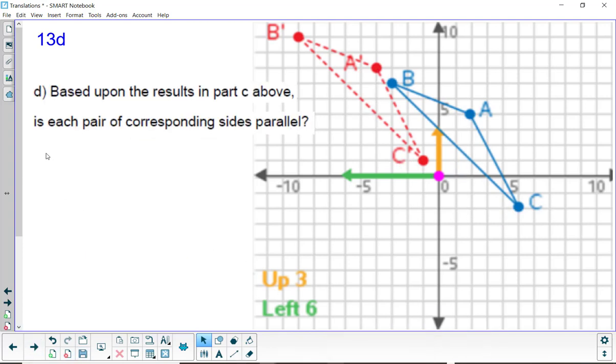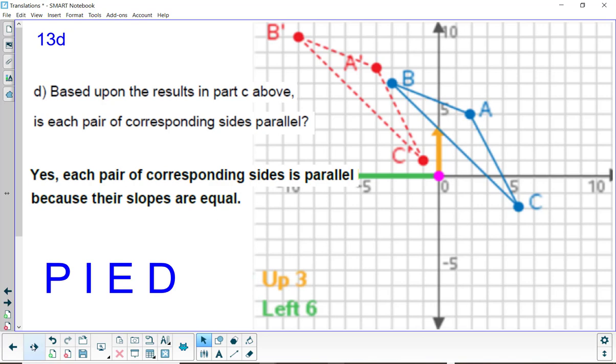So 13D, based on the results that we just did, is each pair of corresponding sides parallel? Go ahead and answer that question. And yes, each pair of corresponding sides is parallel. Their slopes are equal.